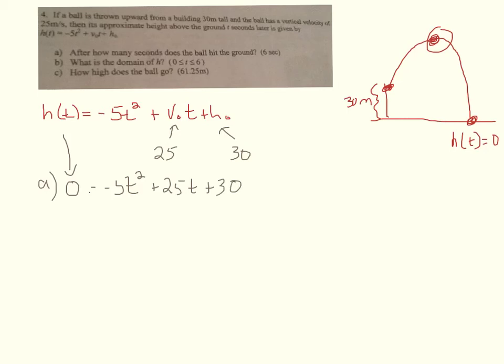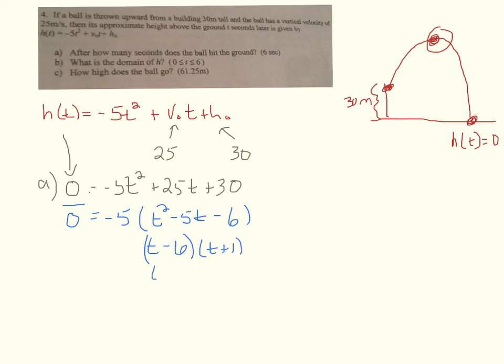Since it's set to 0, we can divide everything through by negative 5. In fact, why don't I just pull it out? That gives me t squared minus 5t minus 6. Wait a minute, when you divide 30 by 5, you get 6. So it'd be t minus 6 times t plus 1.